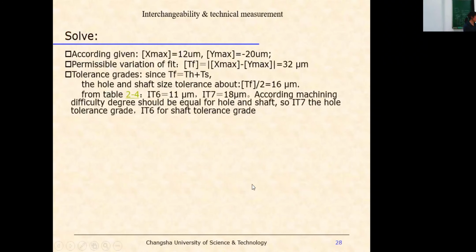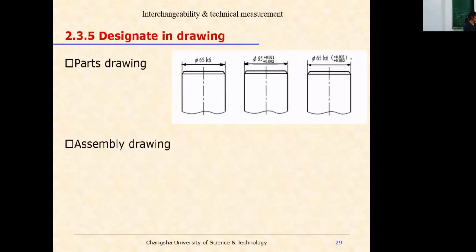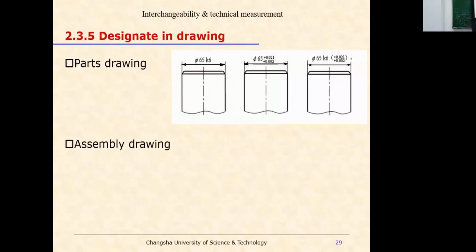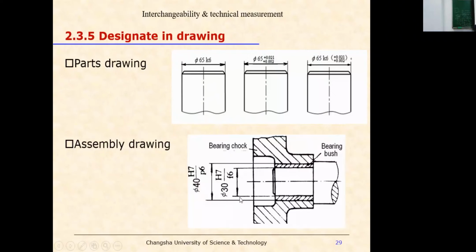I'll continue. They have three figures. It's very quick, okay? The part drawing is simple. When you do the part drawing, it's just like writing this one. And the assembly drawing is like this one: H7, 36.